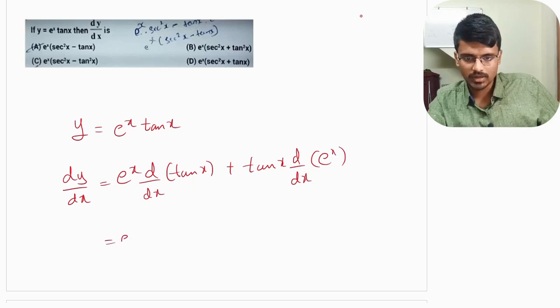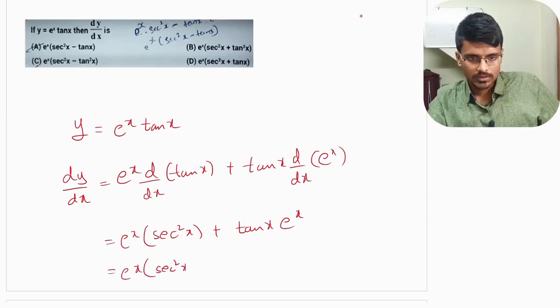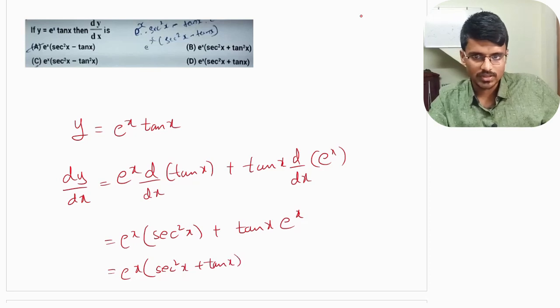So e power x, differentiation of tan x is sec square x, plus tan x, differentiation of e power x is e power x. So you can take e power x common: e power x times sec square x plus tan x. So the correct answer is option D. Option D is the correct answer here. Okay.